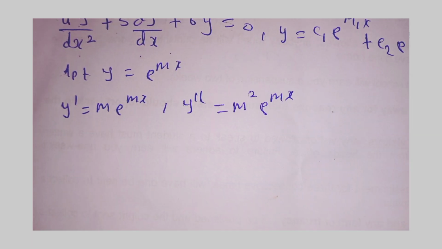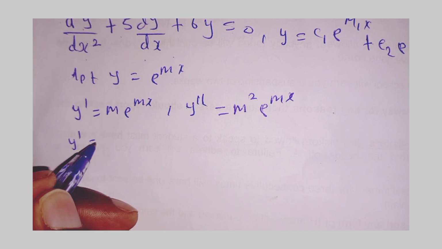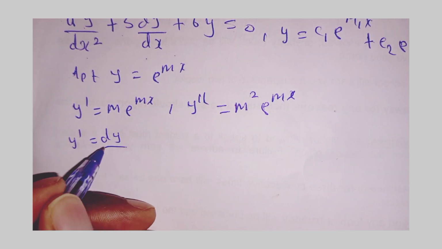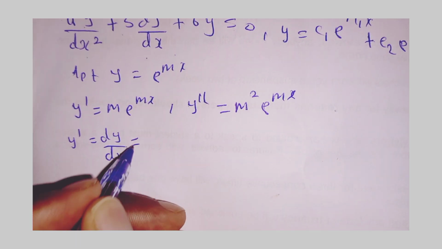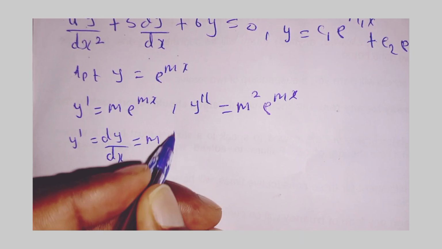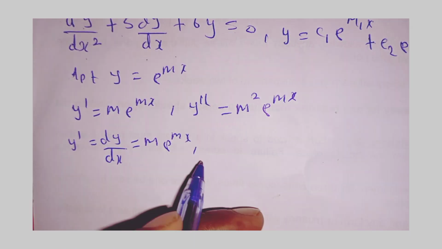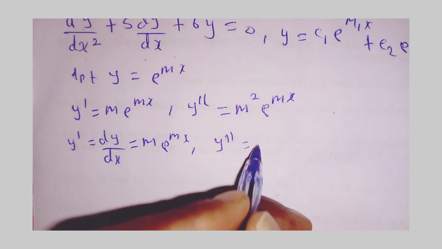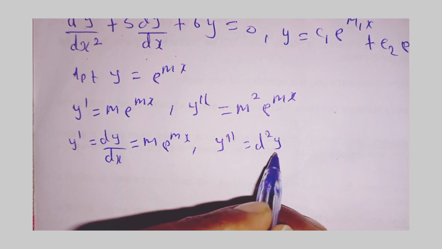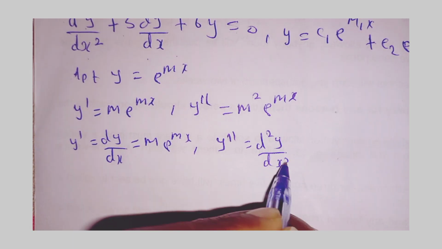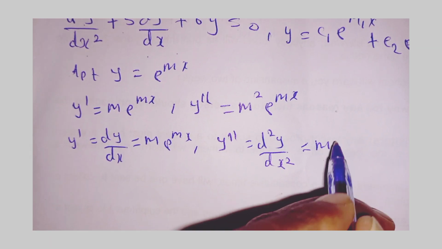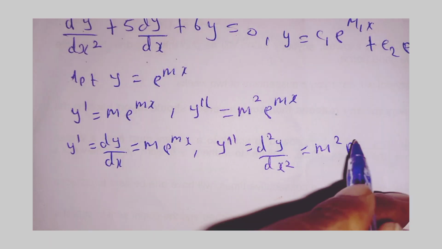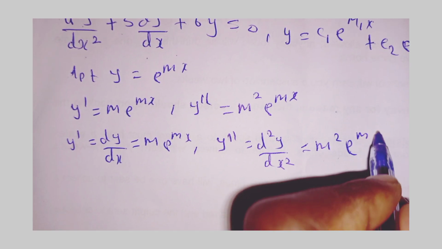Note that here y prime is the same as dy over dx, which you have found to be m exponential mx, and y double prime is the same as the second derivative of y with respect to x, which you have found to be m squared exponential mx.